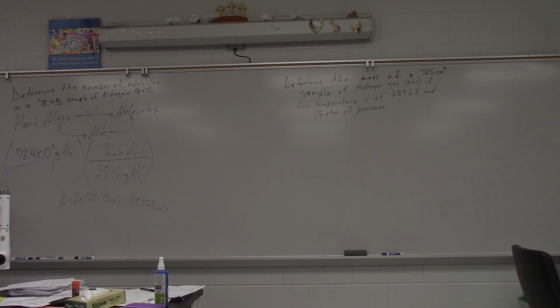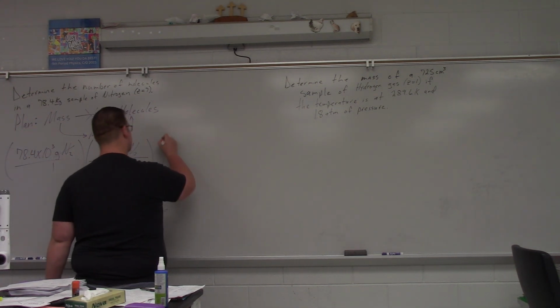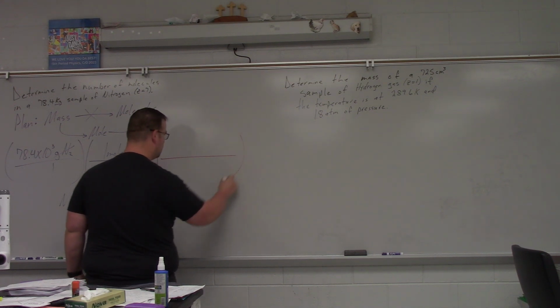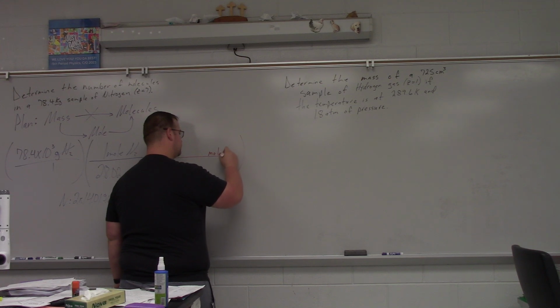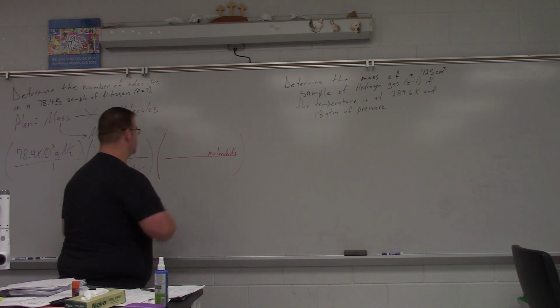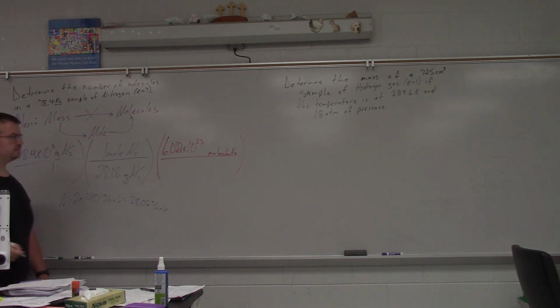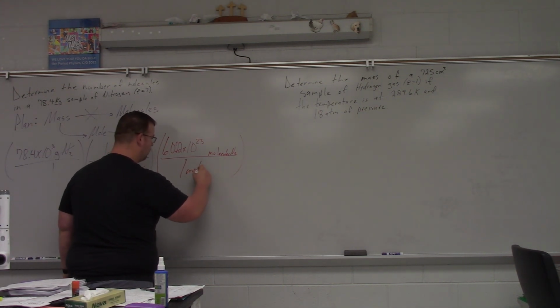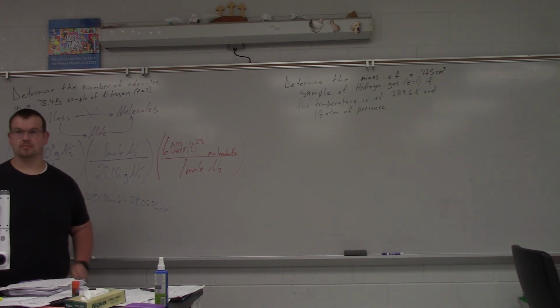Now, next one. I'm at moles, I gotta get the molecules. I set up the conversion factor. I'm going to molecules, so molecules of N2 go on the top. The number that goes with molecules is Avogadro's number, 6.022 times 10 to the 23rd molecules. And over on the bottom, that's 1 mole of N2.